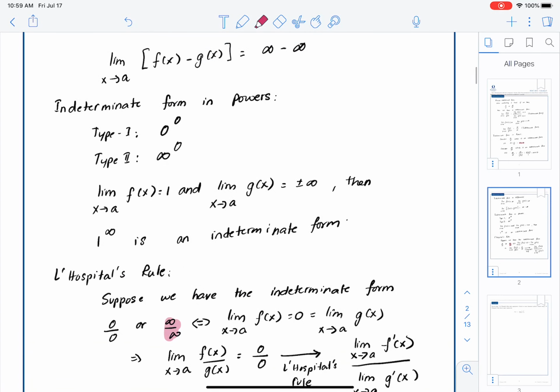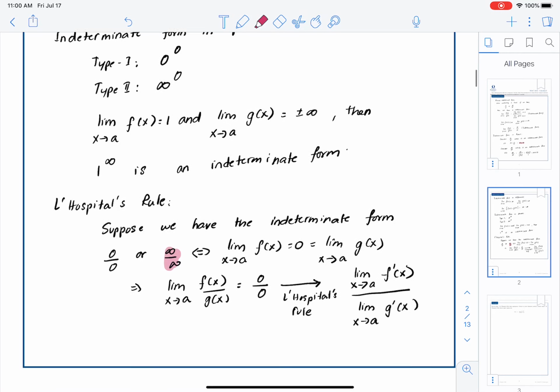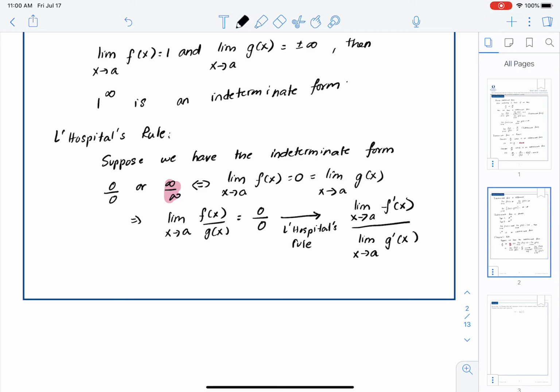So when we have indeterminate form in powers, we make use of logarithmic differentiation or logarithmic manipulation to get back to the standard form of L'Hopital's rule. The only thing that we have to be cautious about is g prime of x is not equal to 0 on any interval containing a.